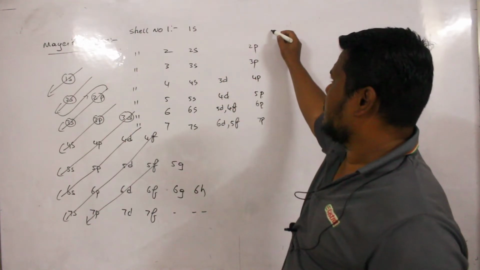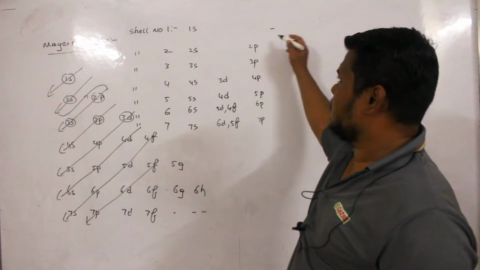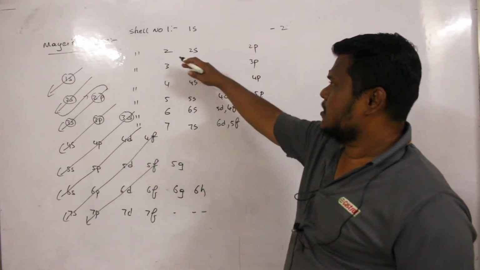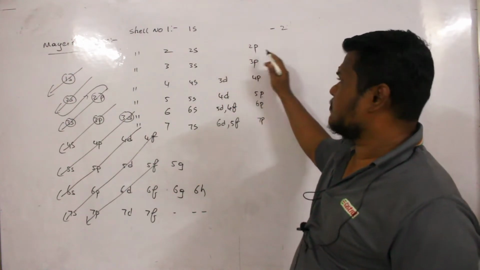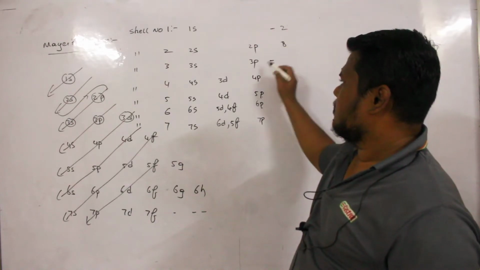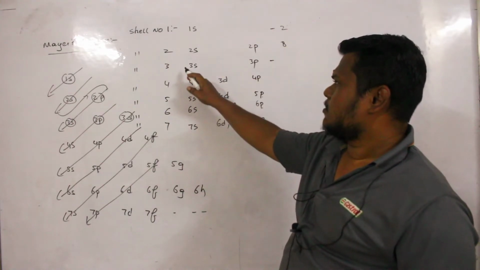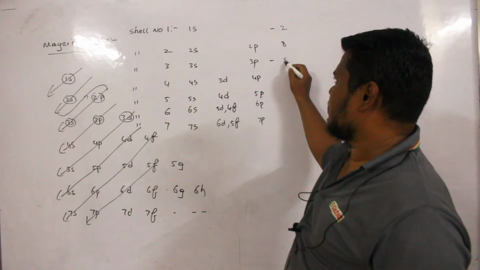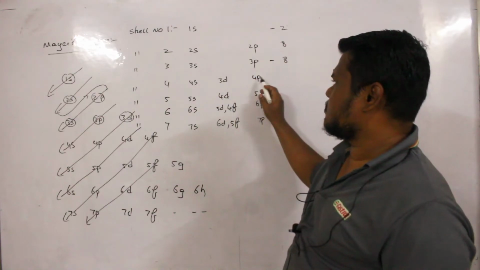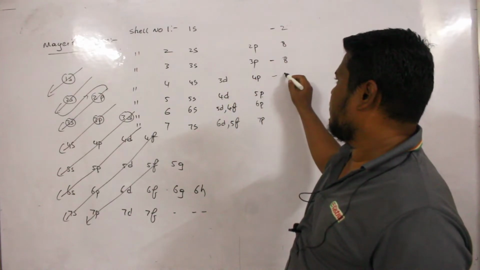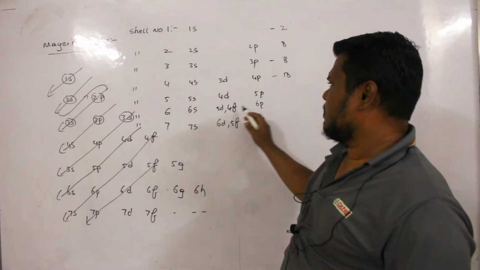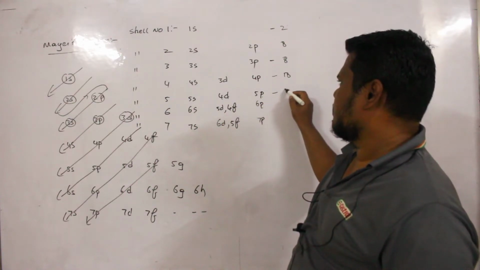So this contains how many electrons? First period contains 2 electrons. Second period contains 2 plus 6, 8 electrons. Third period also contains 8 electrons. Fourth: 2 plus 6 plus 10, total 18 electrons. Fifth: 2 plus 6 plus 10, again 18 electrons.